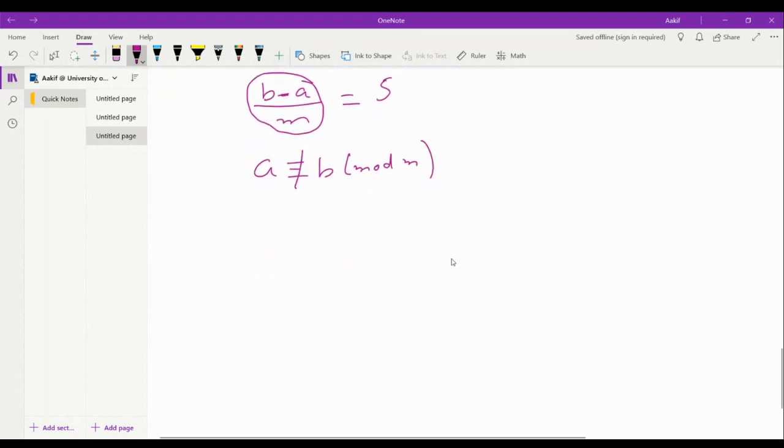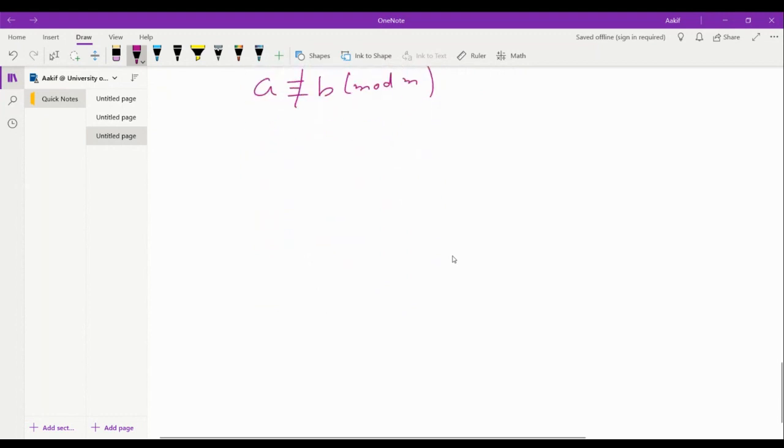Let's take an example. Let's check whether 17 is congruent to 5 mod 6.